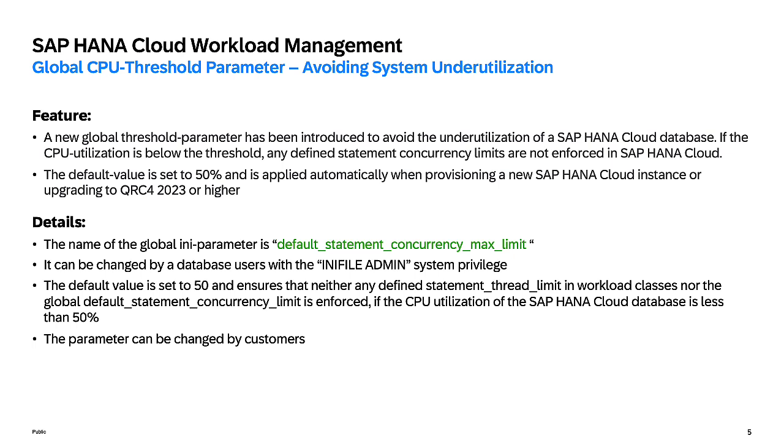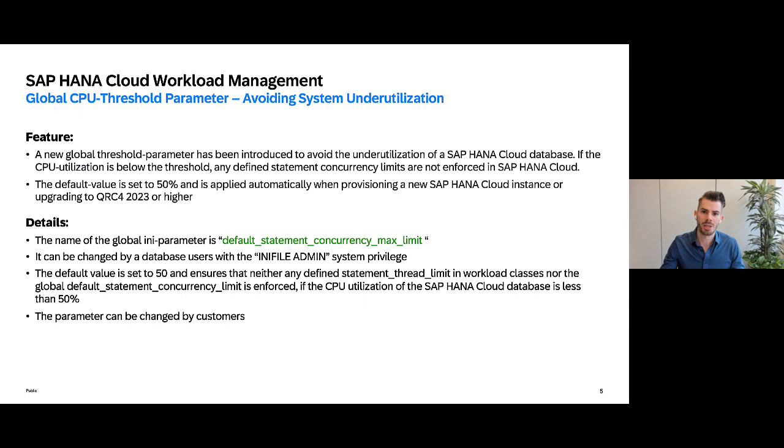And with that parameter, which is enabled by default for all systems running on QRC4, either being newly created or being upgraded to QRC4, we ensure that a certain utilization of the system is always present, and workload classes are only kicking in and are only active if that certain degree of utilization is reached. By default, it's set to 50%. So basically, if CPU is not utilized up to 50%, no workload classes are being applied.